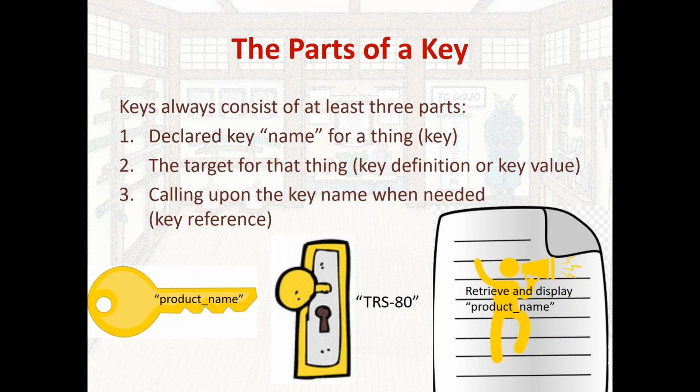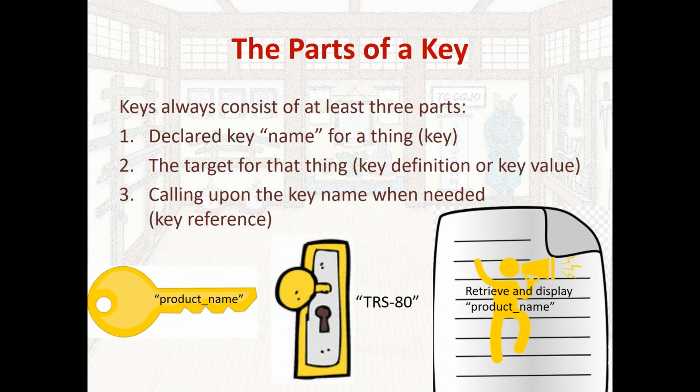And then the second part is the target for that thing, which is then considered the key definition or perhaps the key value, which in this case is set to TRS80, and that's what we have for the little sort of lock mechanism there. And then we have the third part, which is calling upon the key name when it's actually required, and this is known as the key reference. So in this case, within the document, please retrieve and display the product name, and we have an icon there of a little guy who is using a megaphone, calling for that thing to be used.